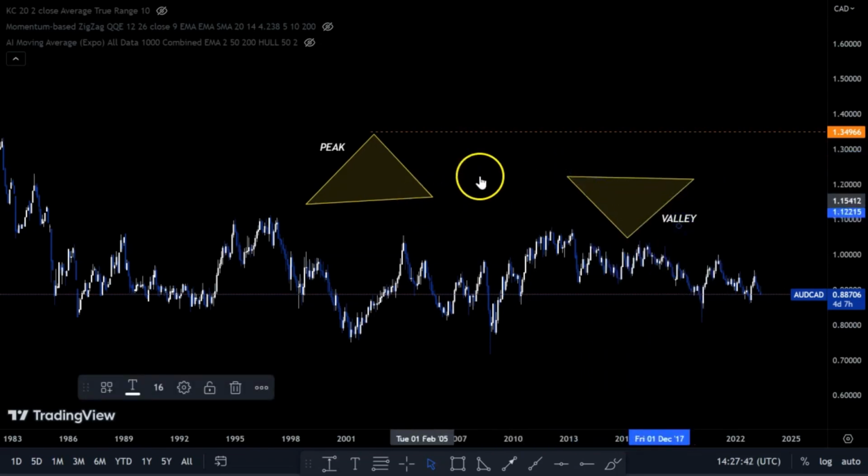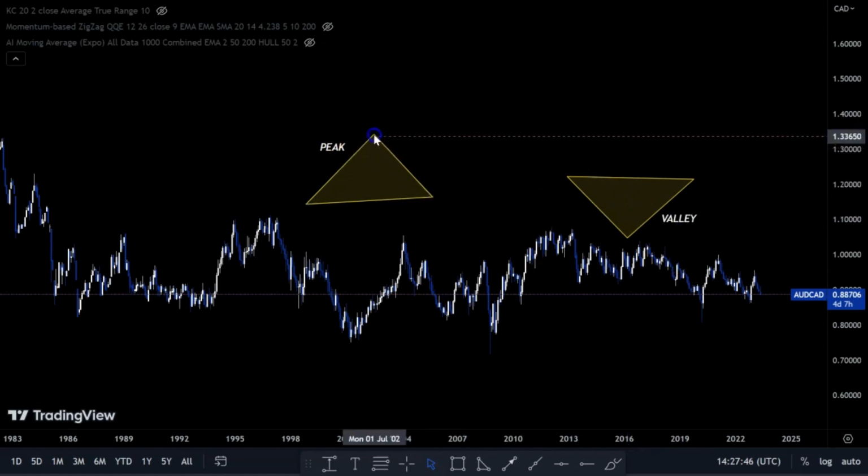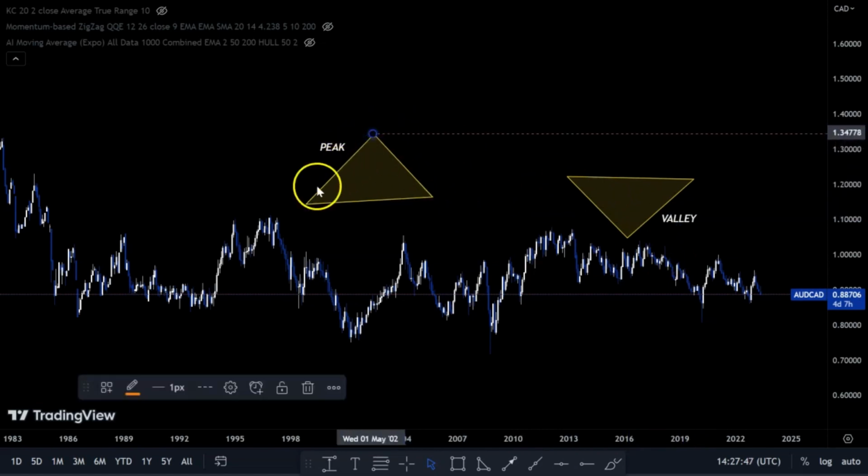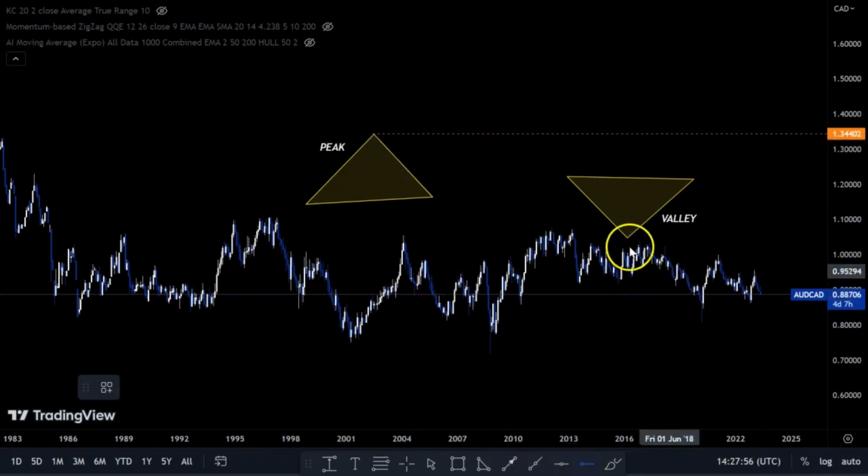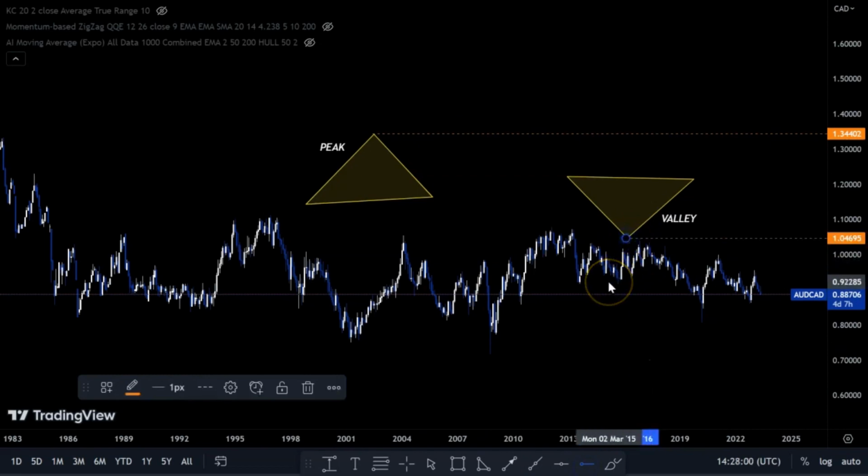Yes, so this is your peak because this point is here. A triangle has 3 points, so this is the focal point. This is why it's your peak, and your valley is over here because the first point is facing downwards. That's why it's your valley.